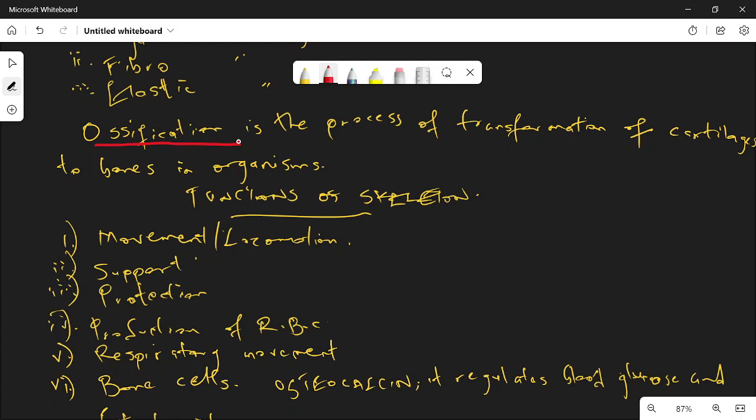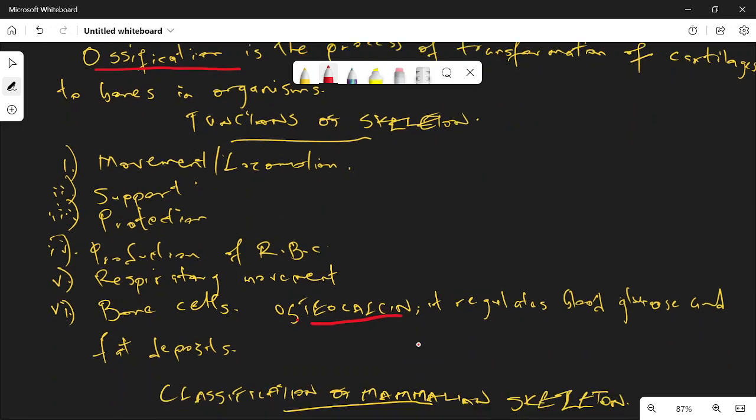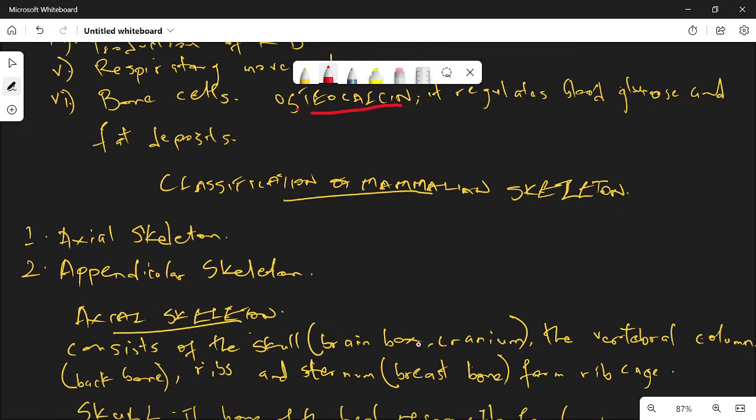Then we talked about the functions of skeleton: movement and locomotion, support, protection, production of red blood cells, respiration and respiratory movement, and bone cells, which produce a particular hormone called osteocalcin. Osteocalcin is a hormone that is responsible for regulating blood glucose and fat deposits.